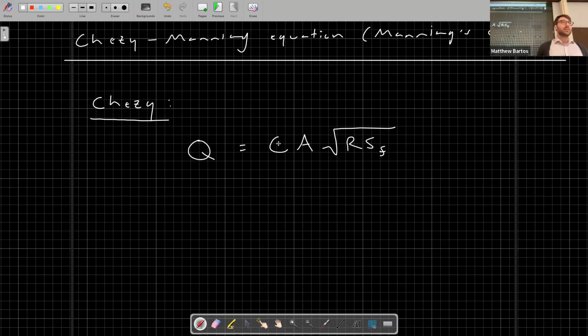So what Robert Manning did back in the 19th century was he took a bunch of studies of open channel flow and fitted a function that related the frictional loss to the discharge for a bunch of different cases. And the expression he came up with for this C coefficient was as follows.